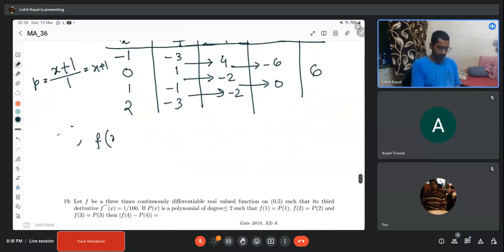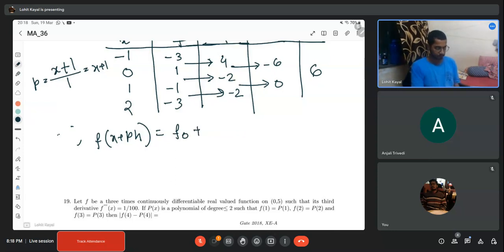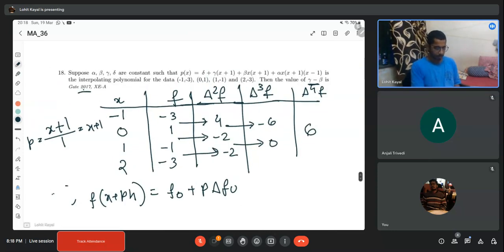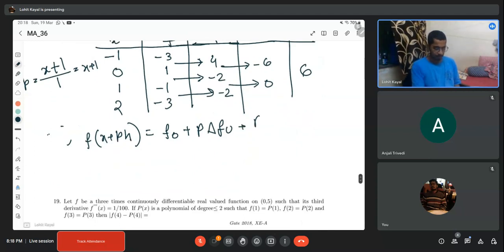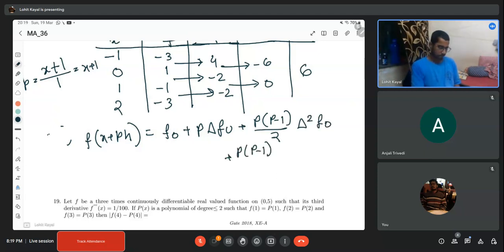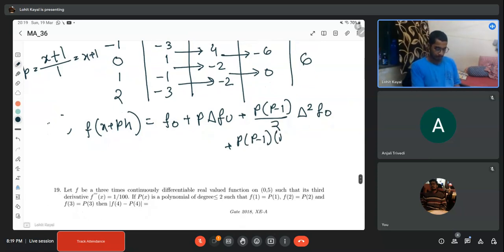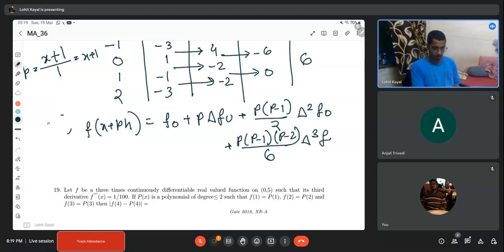So f of x naught plus p h, where h is 1, will be f naught plus p times delta f naught, and it goes up to delta to the power 4. Plus p into p minus 1 by 2 delta square f naught, plus p into p minus 1 into p minus 2 by 6 delta cube of f naught.